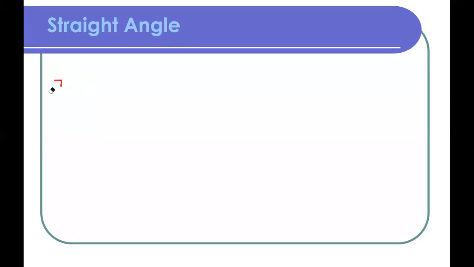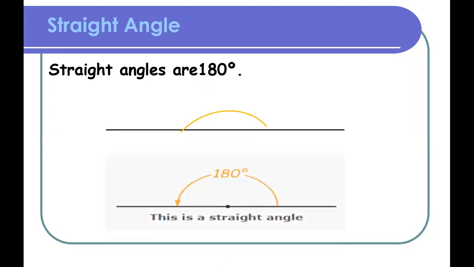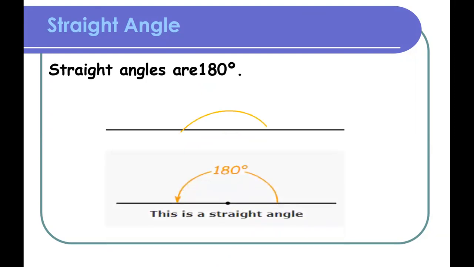So in the same way as finding the missing angle of a right angle, you also subtract. Remember, a straight line is equivalent to 180 degrees. We have an example here, and I'm going to explain it to you.